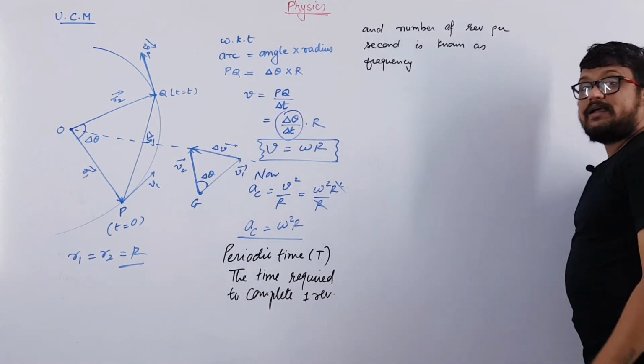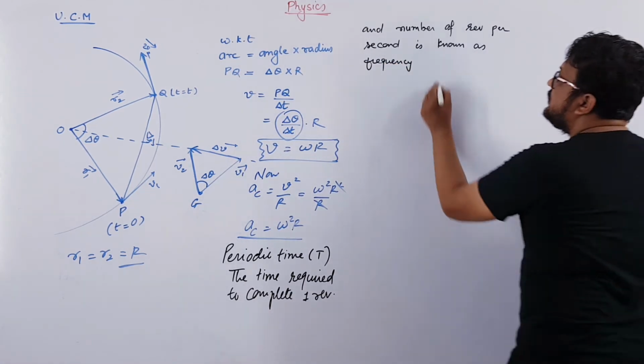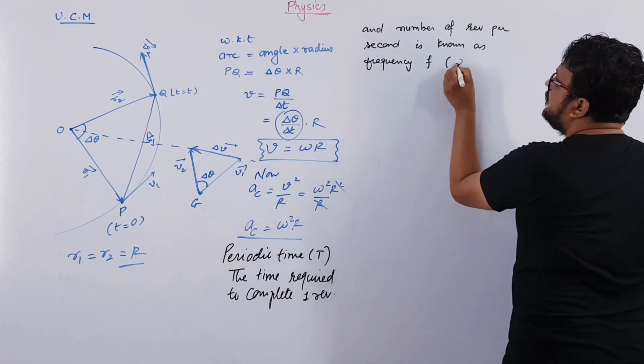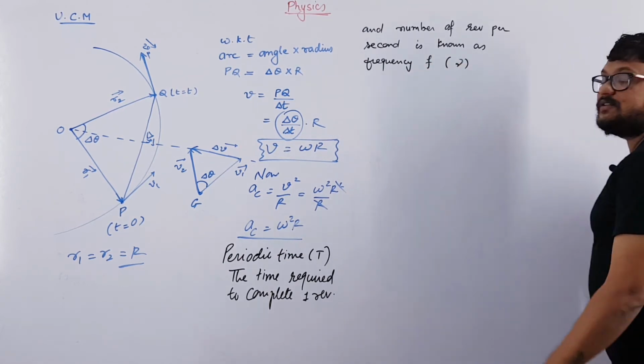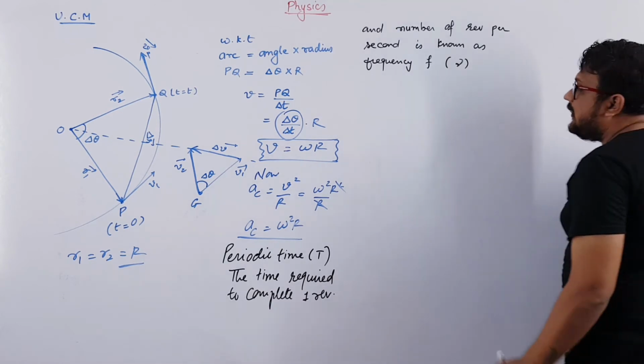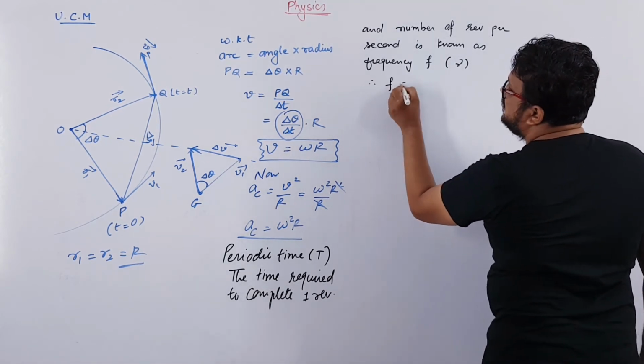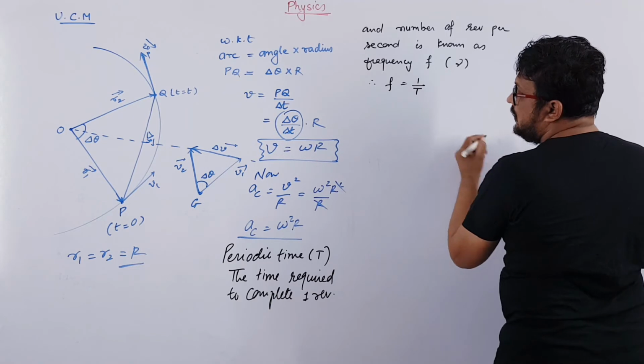In textbook they have taken symbol nu, but we are going to take symbol f, right? So therefore you can say that f equal to 1 by T.